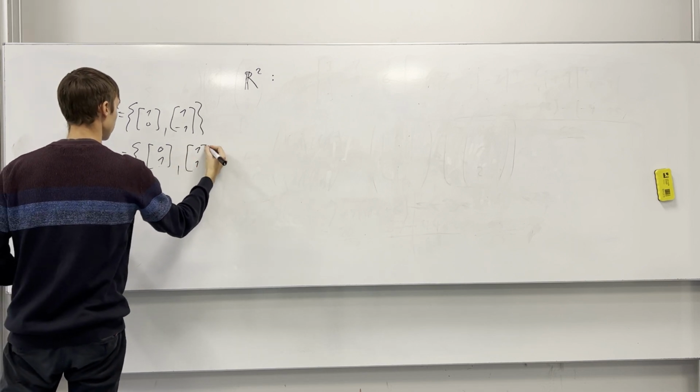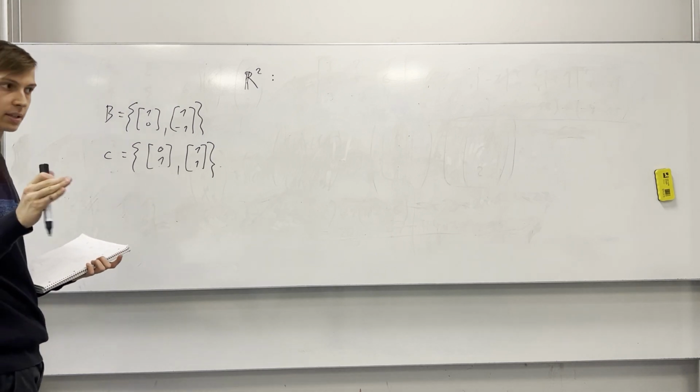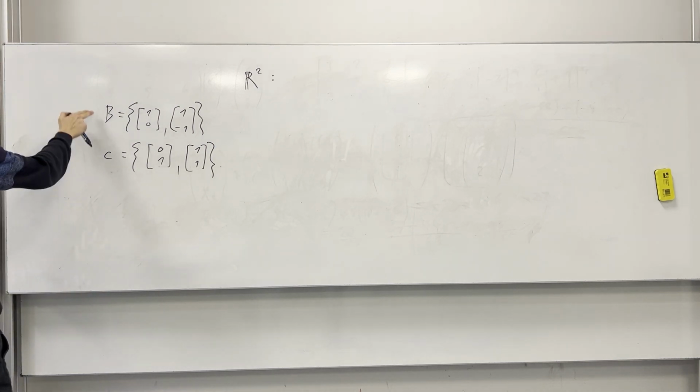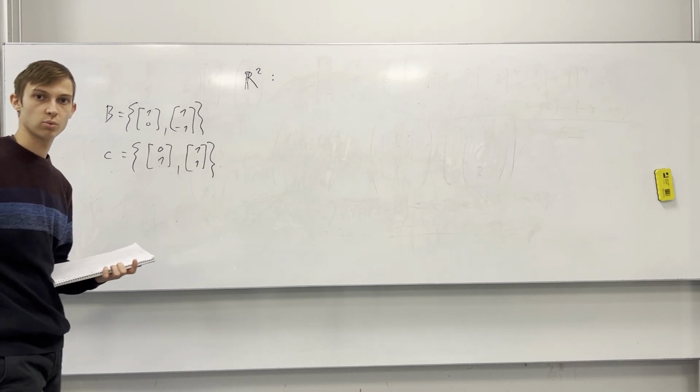We want to consider that we have some vector in the vector space, and we can represent it either using basis B or basis C, and we want to see a transition between these two ways.